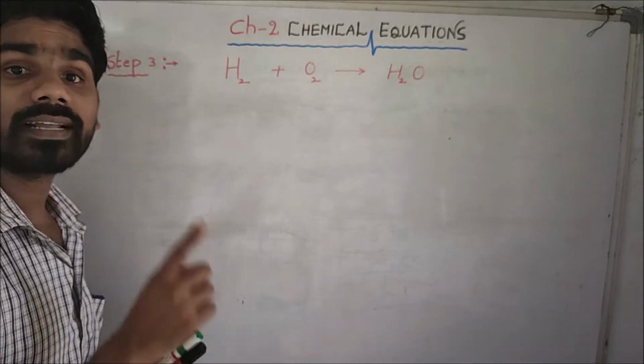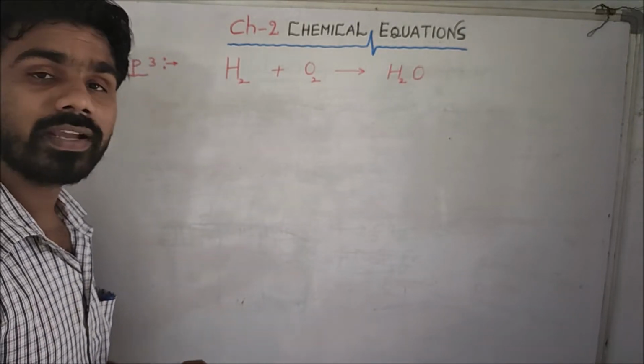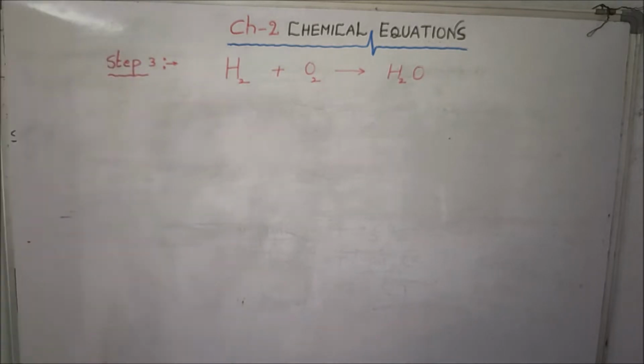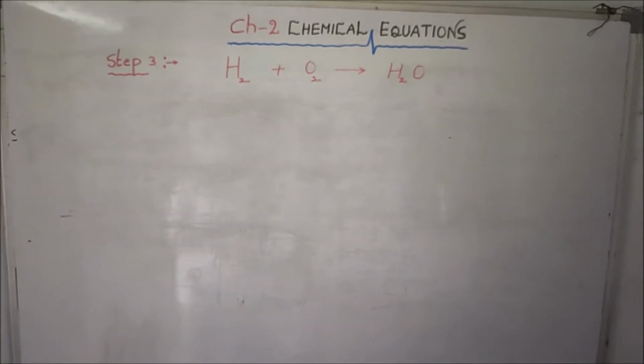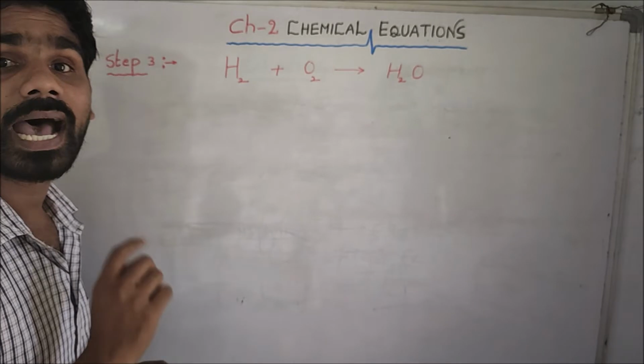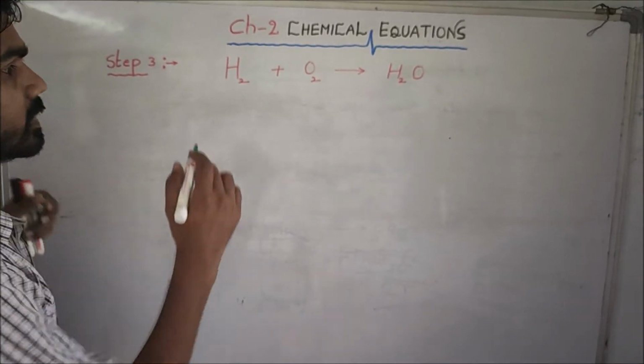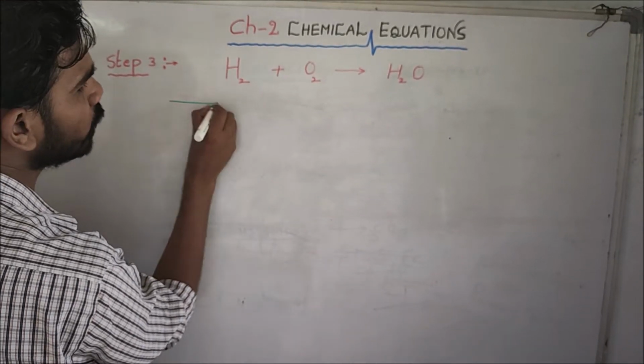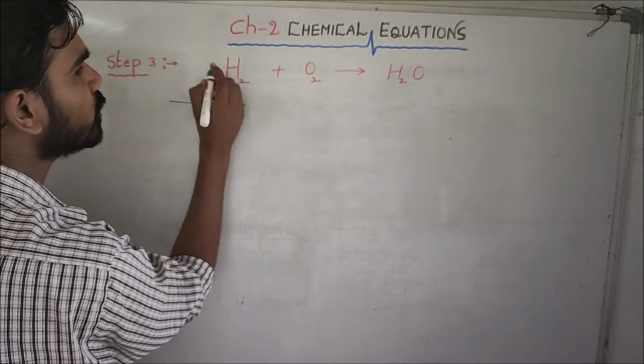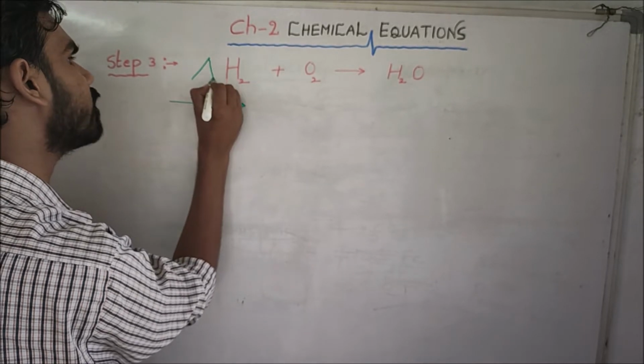After writing this, what we have to do? We have to give family names. Start from the left hand side. Who is coming first? Hydrogen. So let it be A family.